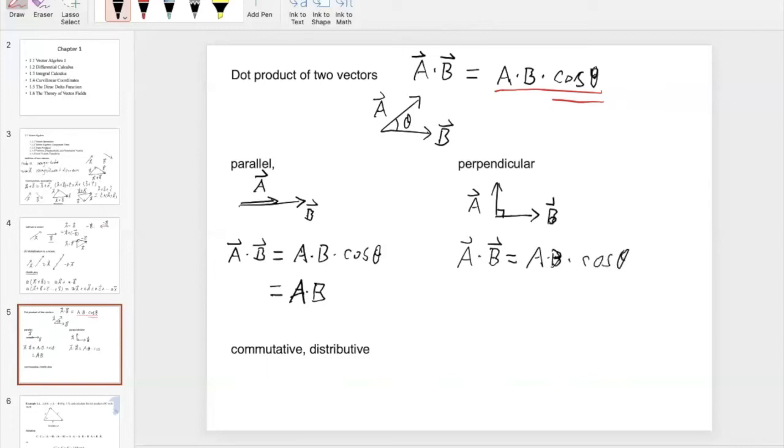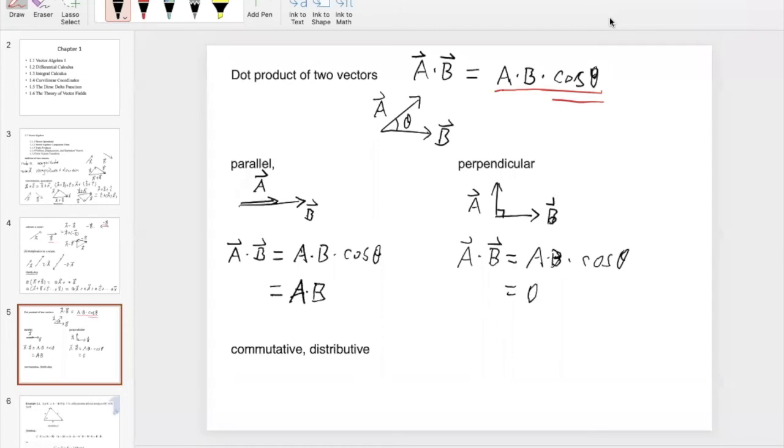But theta is 90 degrees, so cosine theta equals 0. So finally, you get the answer of 0. So this is the dot product of two vectors. When the two vectors are parallel, you have the value of A dot B, or A multiplied by B. It's a scalar. If they're perpendicular, you get 0.